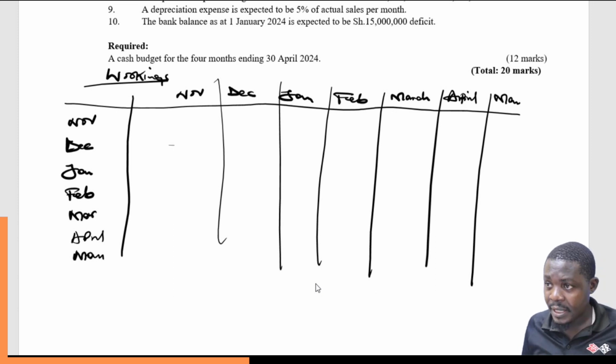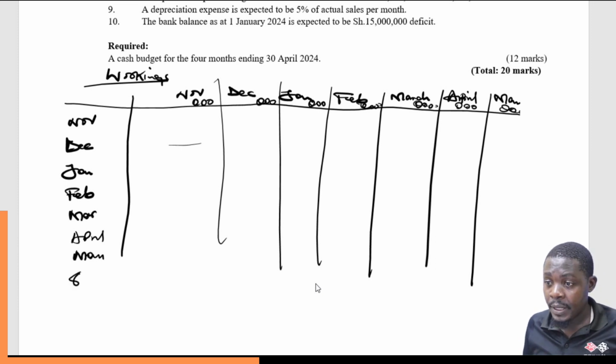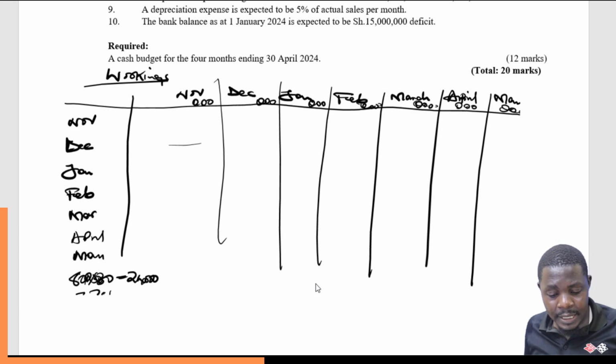We are multiplying by 30, carrying 3 zeros. 800 multiplied by 30, we have 24,000. Then 60% is settled in cash within the month of sales.